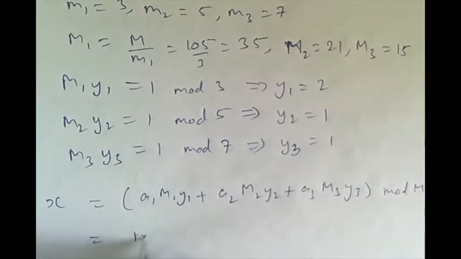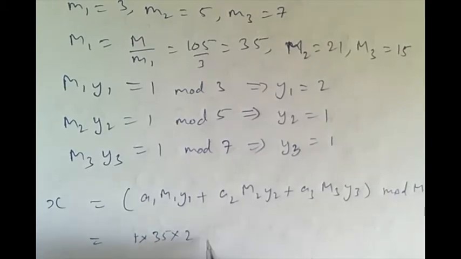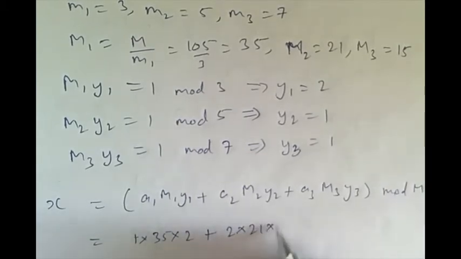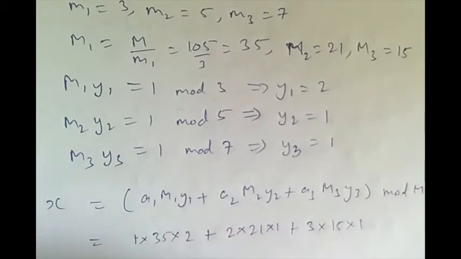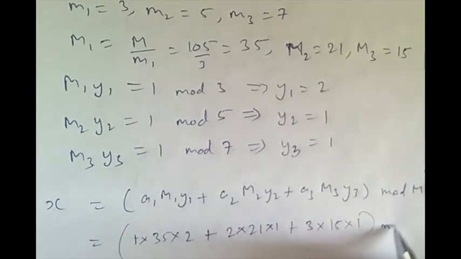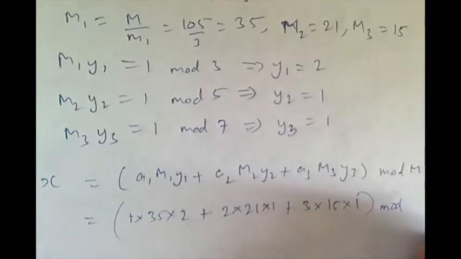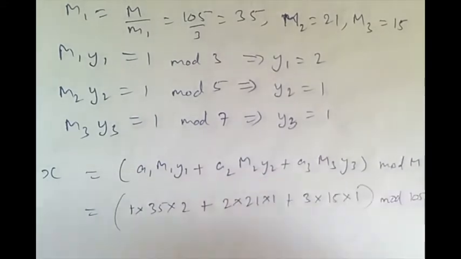So 1 times 35 into 2 plus 2 times M2, which is 21, into 1 plus 3 times M3, which is 15, into 1, mod 105.